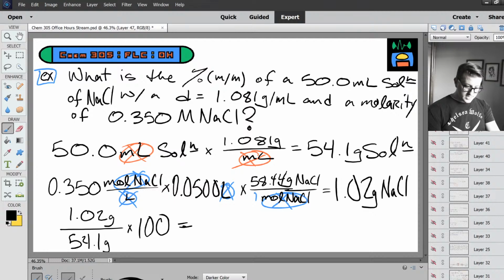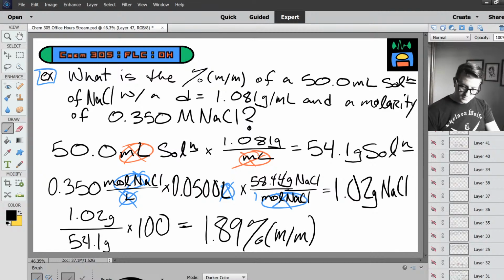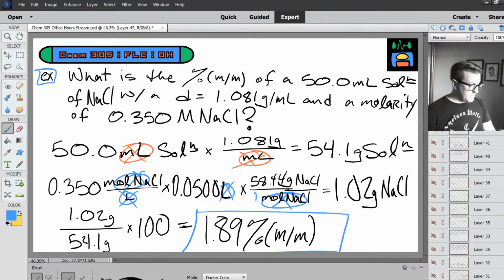Rounded to 3 sig figs gives us 1.89% mass to mass. And that is our final answer.